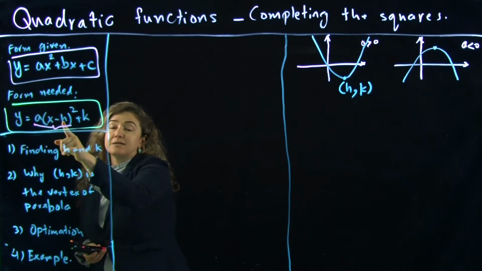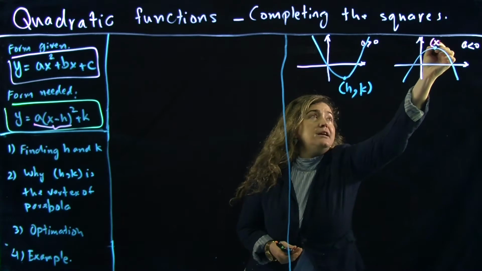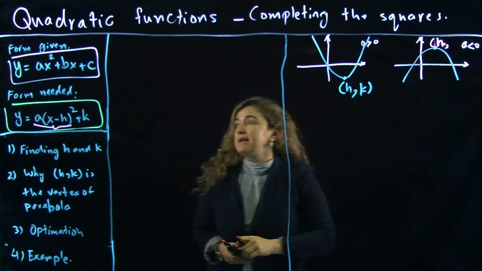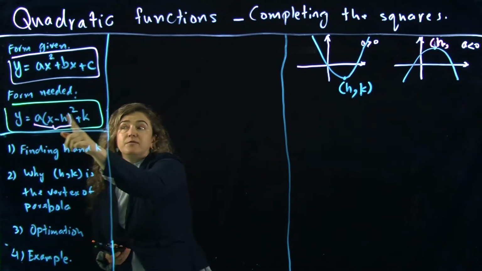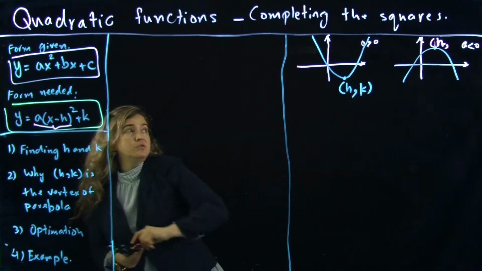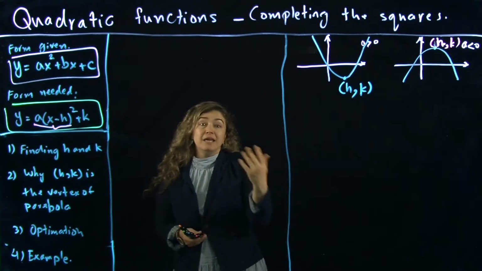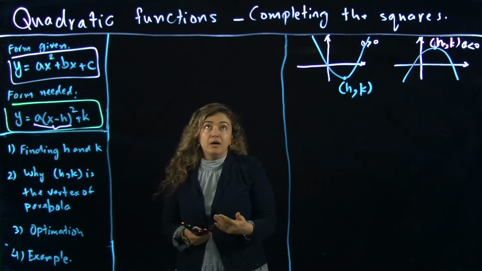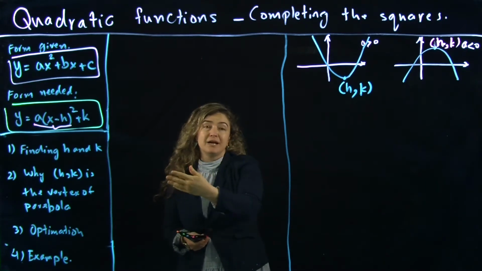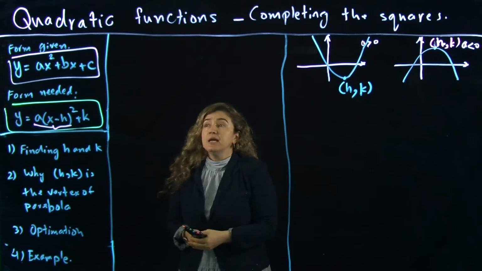That means x has to be equal to h, so x equals h again. And if I plug h back in to find y, this part is 0, and y is going to be equal to k. So that's the importance of this format of the quadratic functions when we complete the squares.